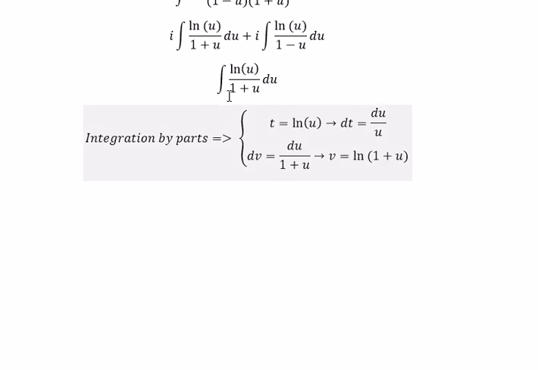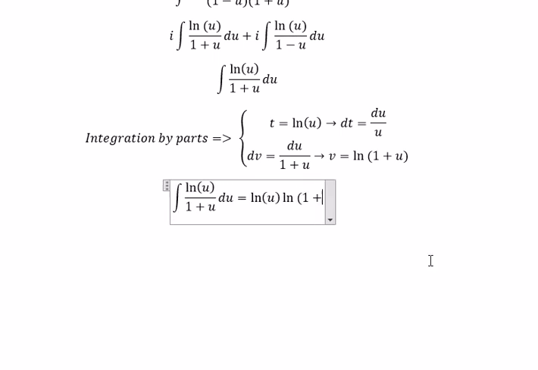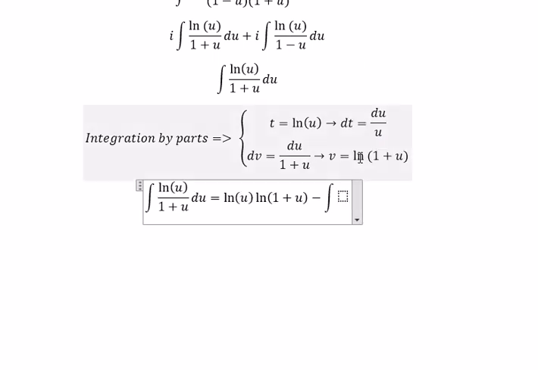So we got the answer of this one. t multiplied with v, so you got ln of u multiplied with ln of 1 plus u. And we have the negative, the integral of this one over this one.